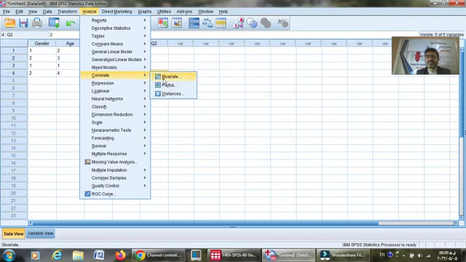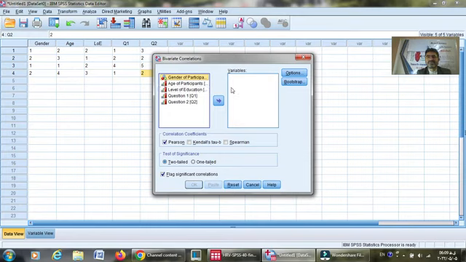Bivariate correlation provides information on the relationship between variables. We have two-tailed correlation test and also one-tailed. When we consider the critical area of distribution on two sides, and also when we consider the relationships on two sides, both negative and positive, we use two-tailed.